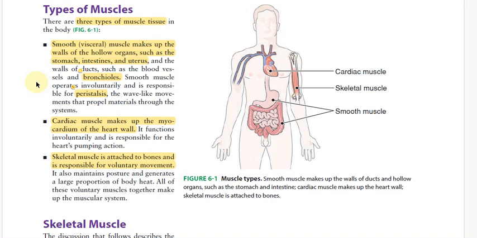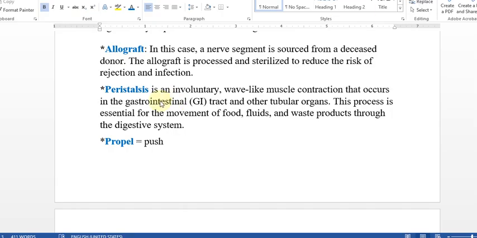Smooth muscle operates involuntarily and is responsible for peristalsis, the wave-like movements that propel materials through the systems. For propel, we can say push as a synonym, and peristalsis, as you could see in the text, is an involuntary wave-like muscle contraction.